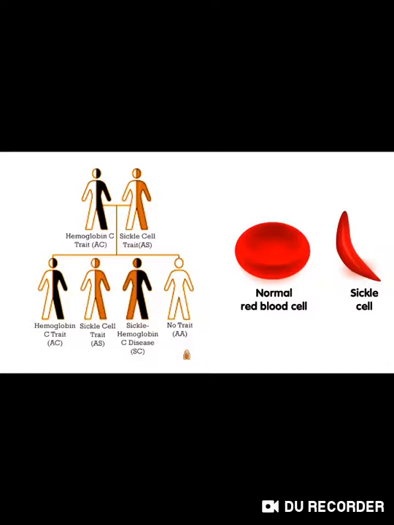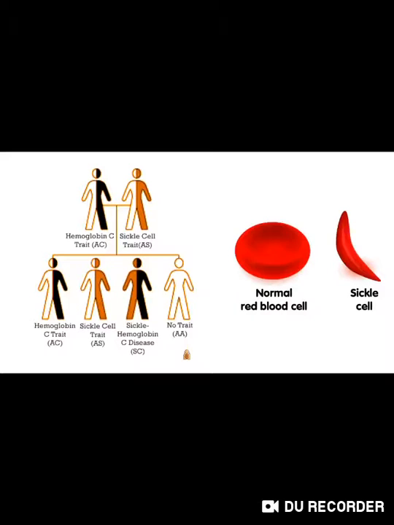If you remember from lesson 1, this is exactly the same as a Punnett square. So in the first generation, we can see that one of the parents is expressing the trait and the other parent does not express the trait. It is only carrying the trait. That is the right image.